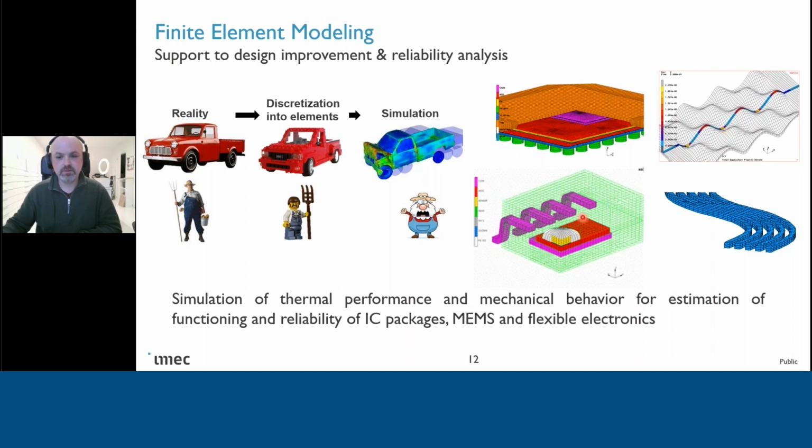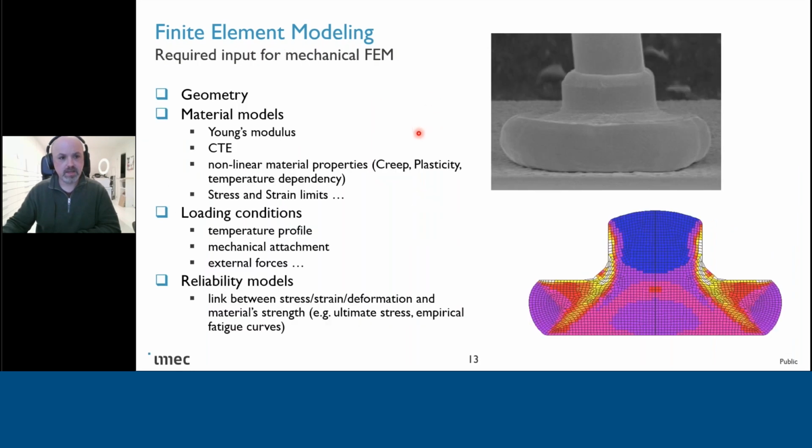You can do that for different, let's say, structures. I will not go into detail, but this is the basics. And of course, you need a lot of information there. You need geometry. For instance, here, if you see the SEM image compared to the simulation, you need the dimensions.